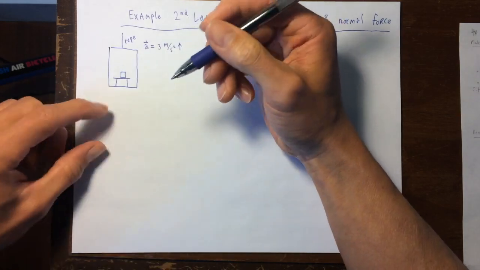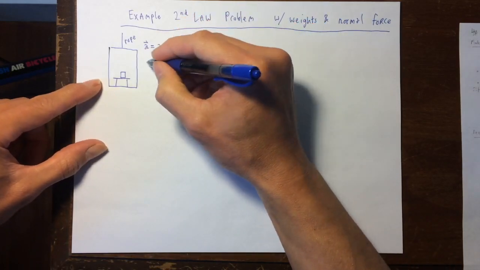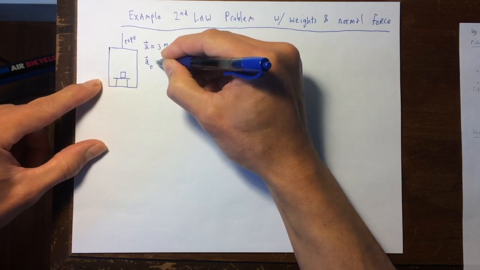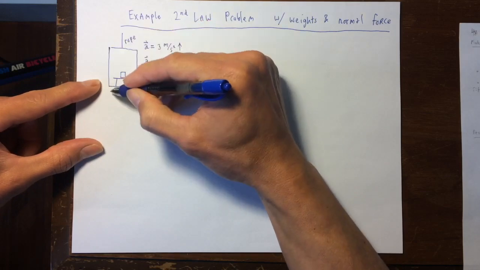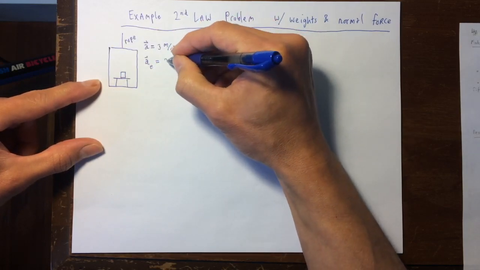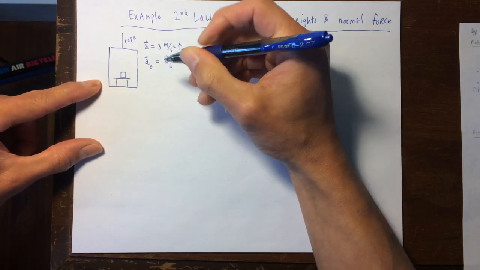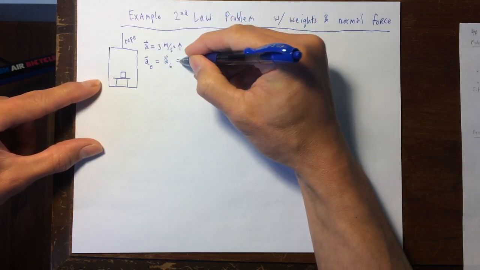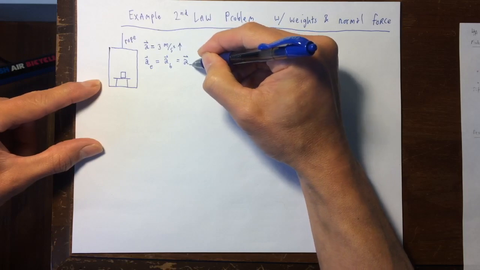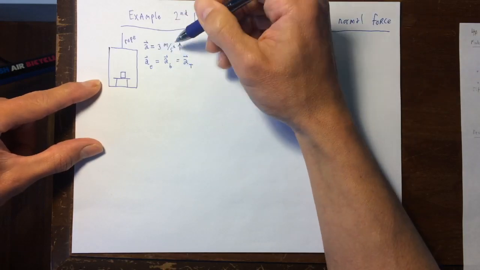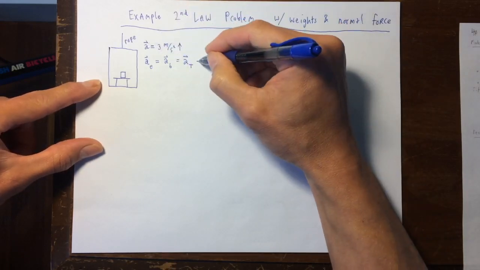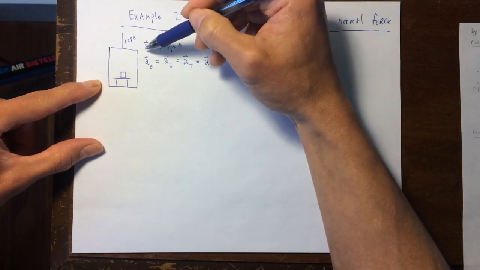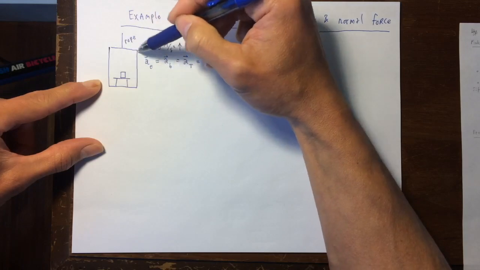That's an example. But the point is that the acceleration of the elevator, the box on the outside, the acceleration of the little box on the inside, little b for little box, and the acceleration of the table are all going to be equal to the acceleration that I described as the acceleration of everything here.